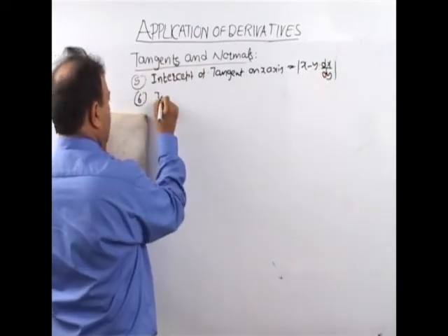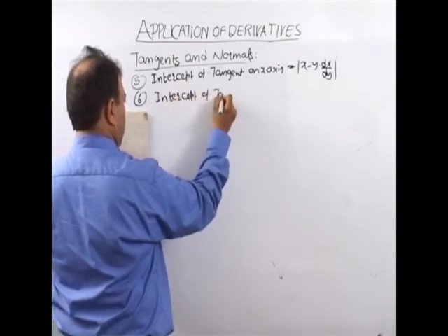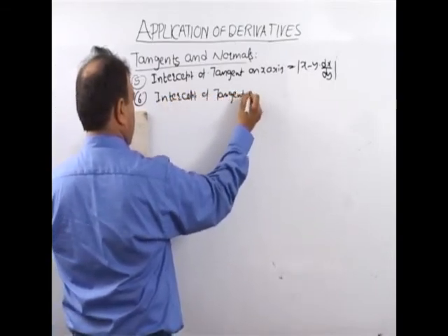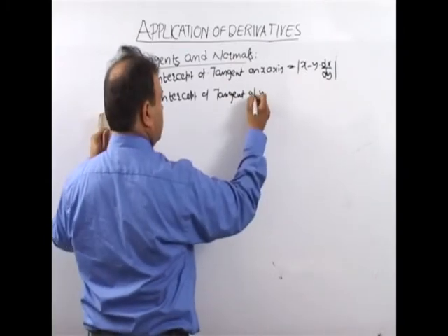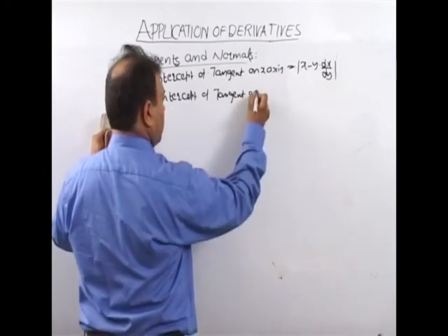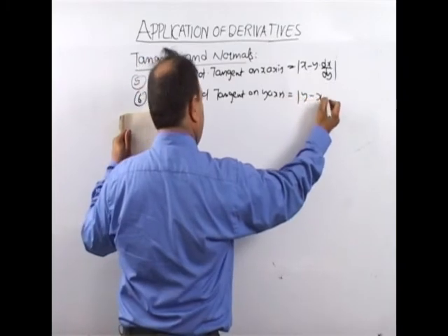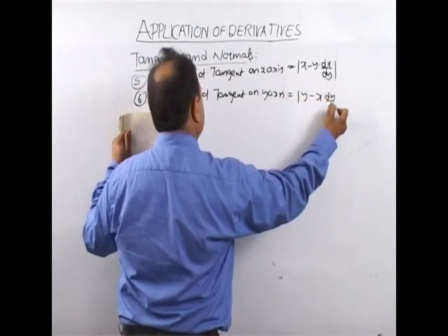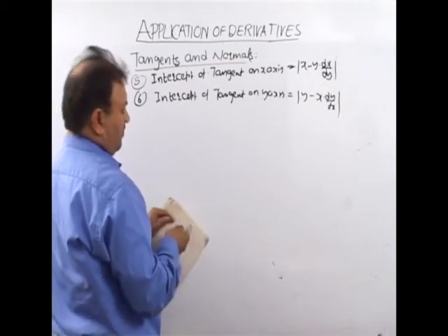The sixth point, intercept of tangent on the y-axis, is y minus x dy by dx. This is the intercept of tangent on the y-axis. This is a direct formula.